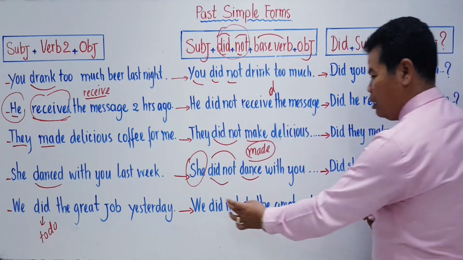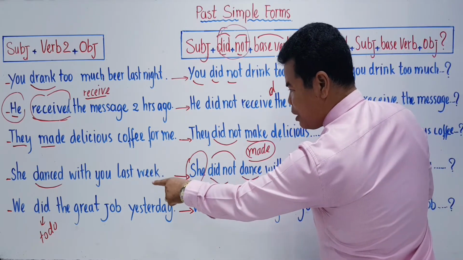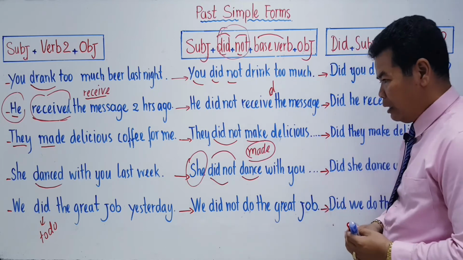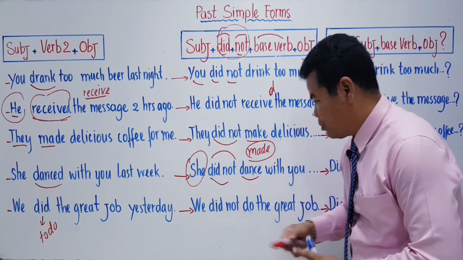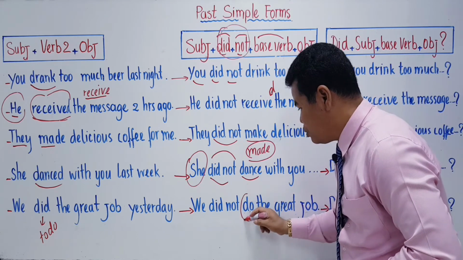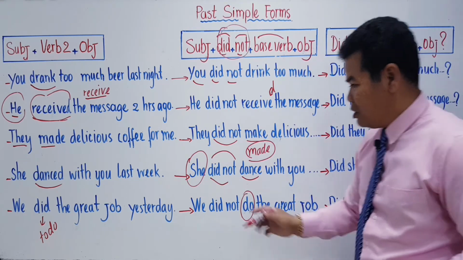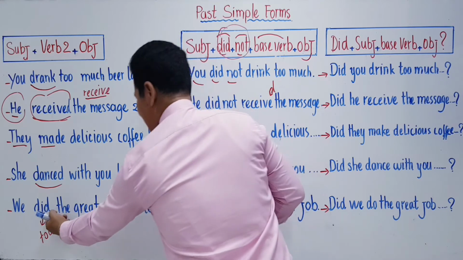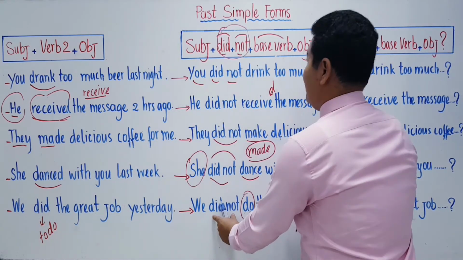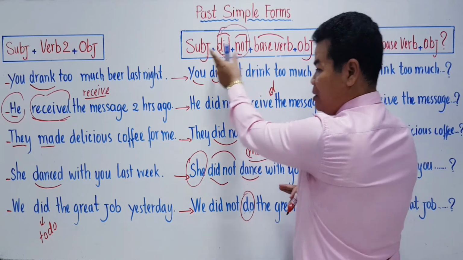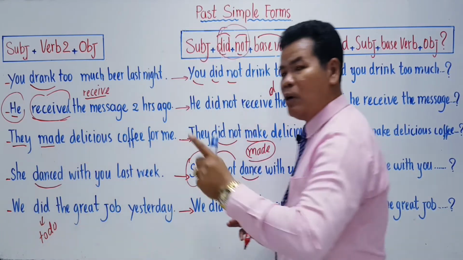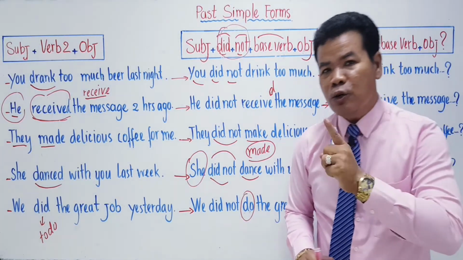Another one. We did the great job yesterday. And then go to the negative. We did not. So, you cannot use did anymore. Did here is not the same as did here, right? This one is the auxiliary verb that you form, right? And did here is the second verb of the infinitive to do.